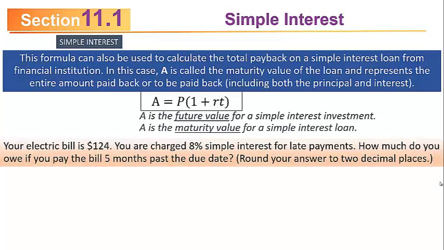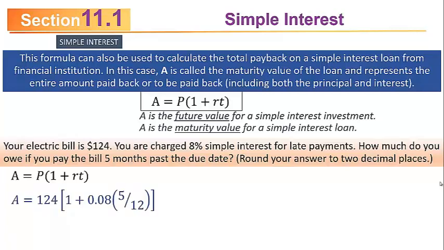And this one, your electric bill is $124. You are charged 8% simple interest for late payments. How much do you owe if you pay the bill 5 months past the due date and round your answer to 2 decimal places. Again, same formula. The principal is the amount of the bill, that's $124. The interest rate is 8%, that's 0.08. You're doing it 5 months late, so that's 5/12 of a year. 5/12 is about 0.416667.